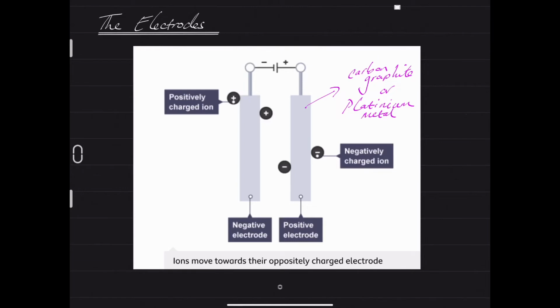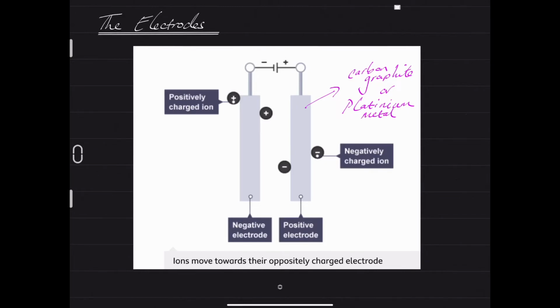Now, what you also need to understand is that we use an inert substance such as carbon graphite or platinum because they're very unreactive. This is because we do not want any side reactions happening with the electrolyte, or any reactions to occur once the product is formed at the positive or negative electrode, because the build-up of these charges is our product on the positive or negative electrode.